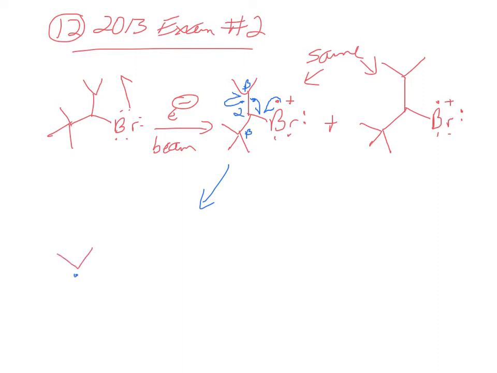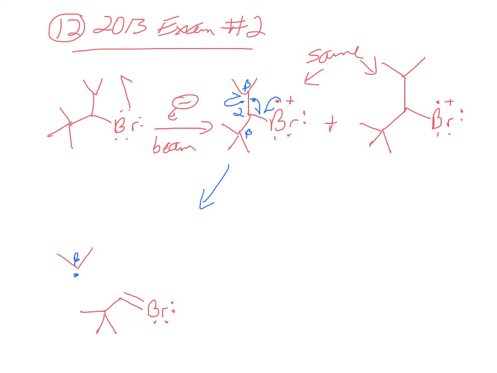So there's one of the electrons there. This is our beta carbon. And what we have left, we didn't do anything over here. We formed a new pi bond with one electron from each side, two electrons in a bond. Bromine still has two lone pairs. And now where's the plus charge?